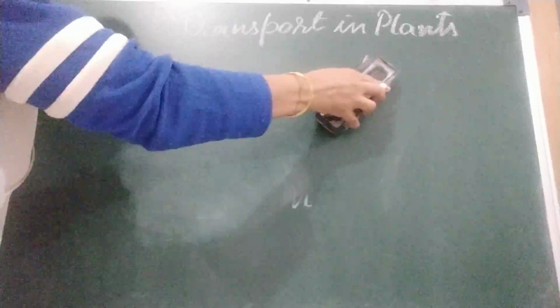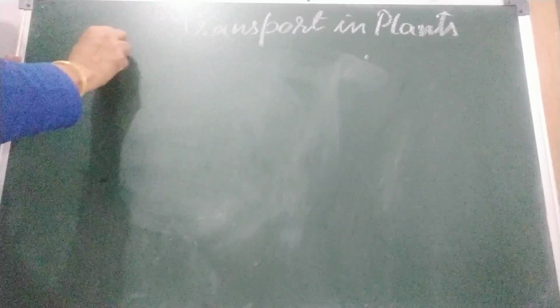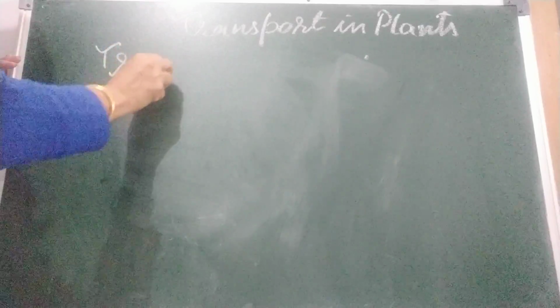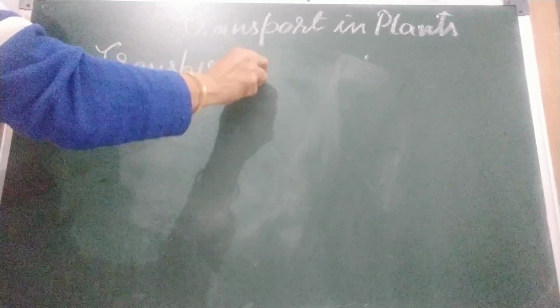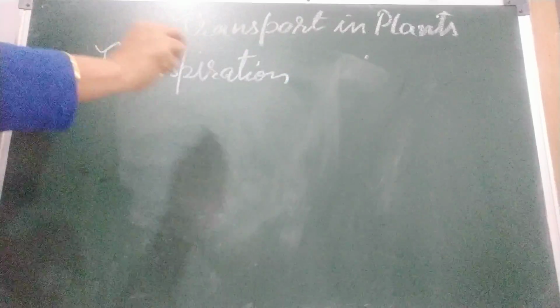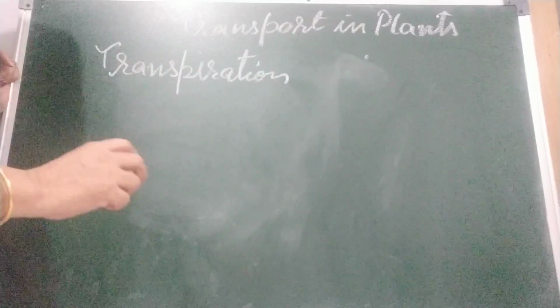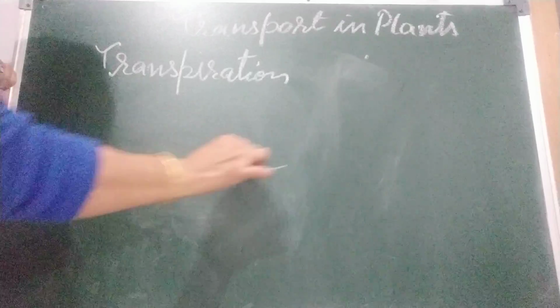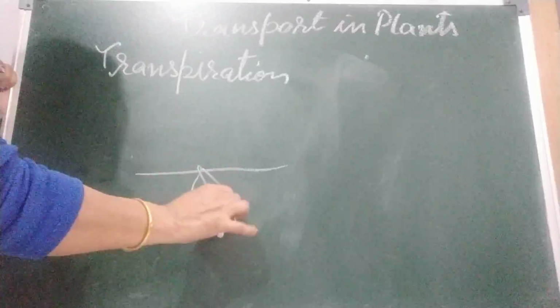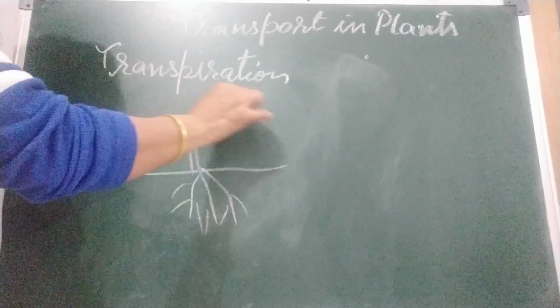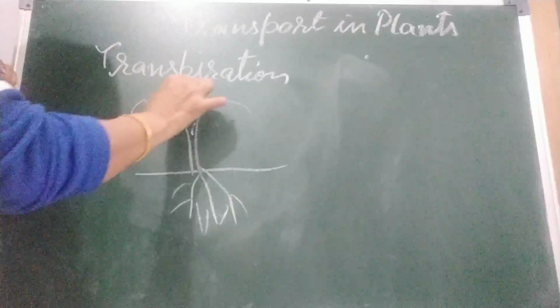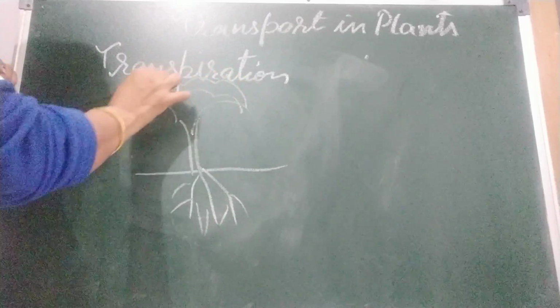Transpiration is a process. The roots of the plants keep on absorbing water and giving it to the leaves.